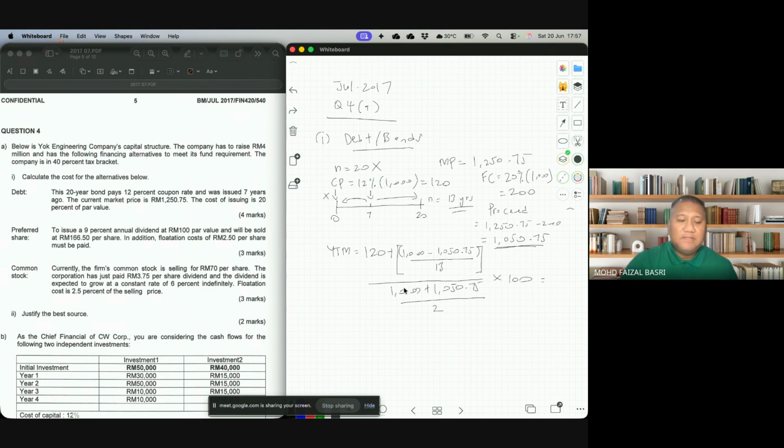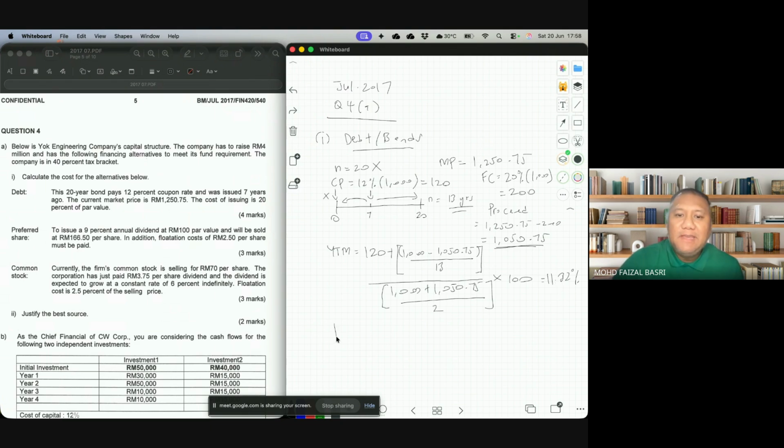And then we divide by, okay, 1,000 plus 1,050.75. So what I'm going to do, I terus je bahagi, and then I letak a bracket kat sini. Okay, I put a bracket, I take 1,000 plus 1,050, you boleh congak je kan. Dapat 2,050.75, and I divide it by 2 kat situ. Okay, and then times 100, you get 11.32%. And this 11.32% is the cost before the tax, sebelum tax.